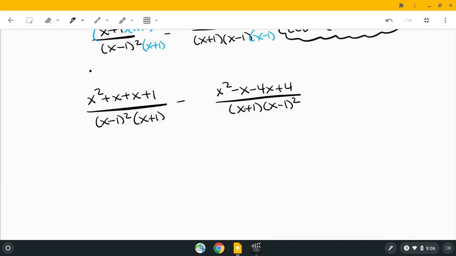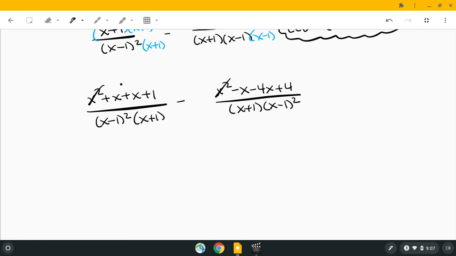So watch. x squared minus x squared. They cancel, right? Here I have 2x, and here it's actually negative 5x. So this is 2x and this is negative 5x.